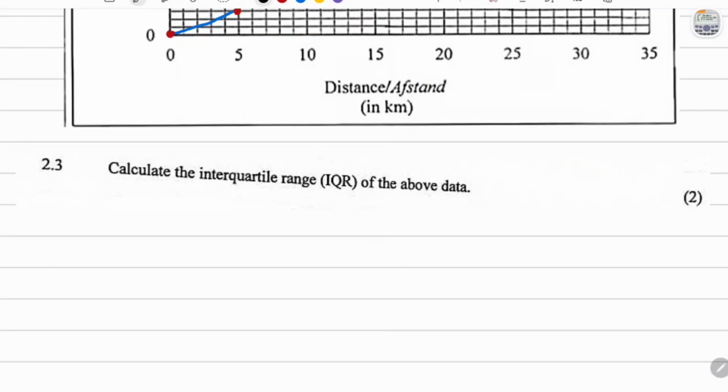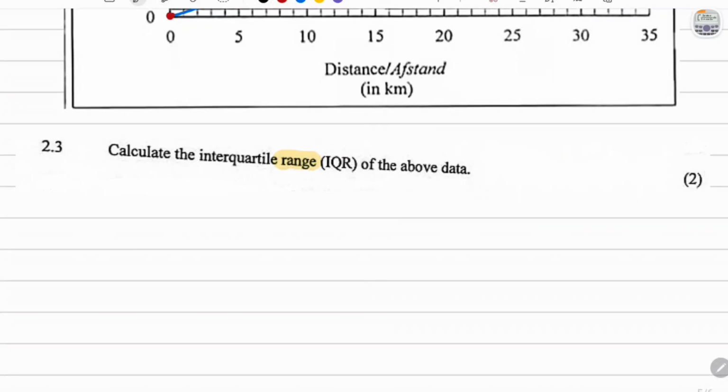Question 2.3 says, calculate the interquartile range of the above data. So the IQR, okay, when you're finding the interquartile range, do you notice that the word range is in this? Normally, to find the range of a data set, you take the maximum minus the minimum.